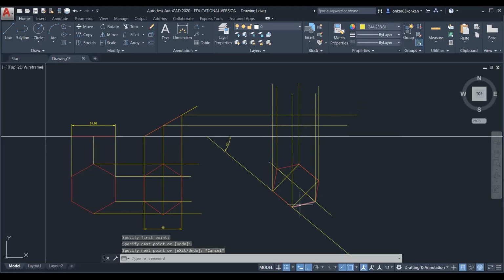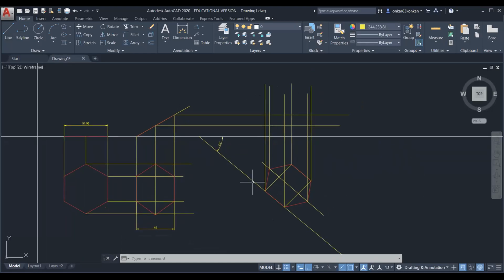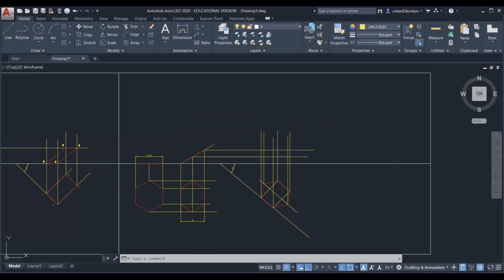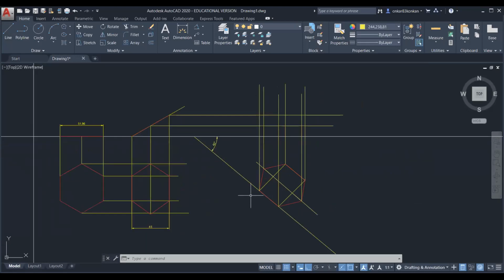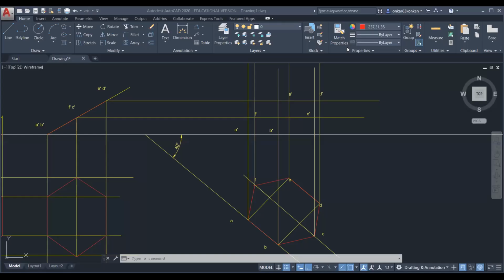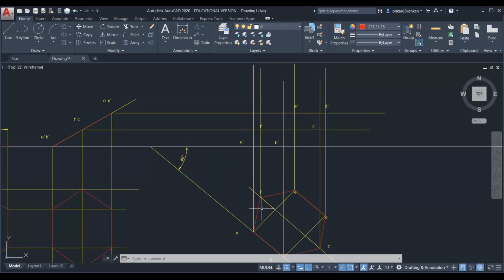Like this, okay? And then find out the intersection points. So to find out the intersection points, just observe the projector from the top view and observe the projector from the second stage front view, okay?